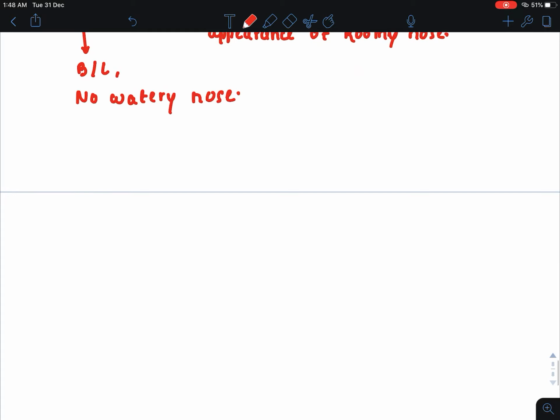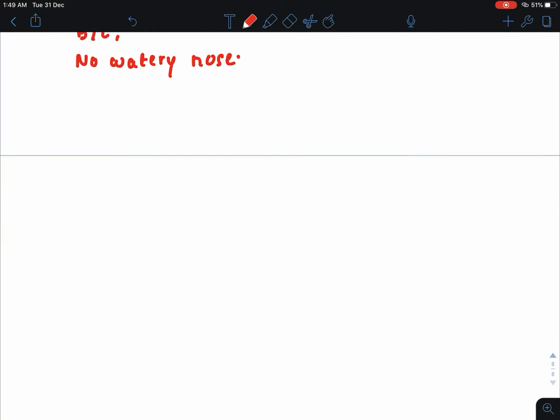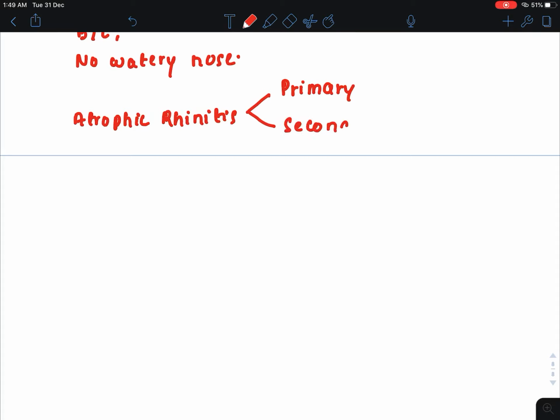Atrophic rhinitis is of two types, that is primary and secondary. So firstly we will see primary atrophic rhinitis.